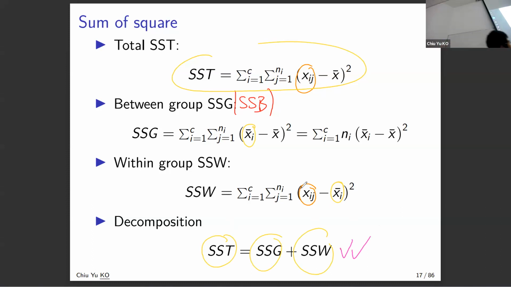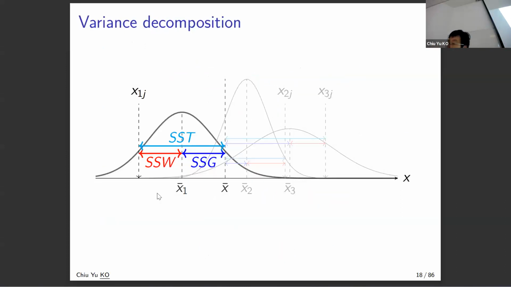Probably you would think, why is it true? Besides going through the math, I want to argue graphically that this is right. Look at the data here. This is the sample grand mean, and I look at a particular observation here.